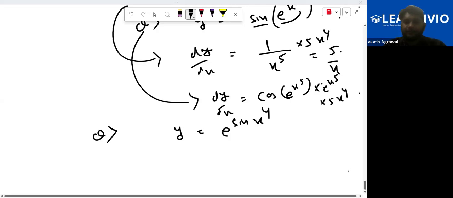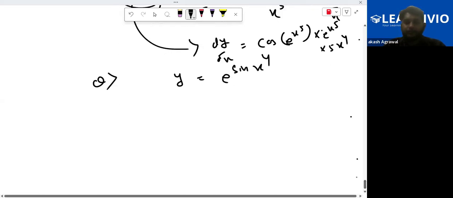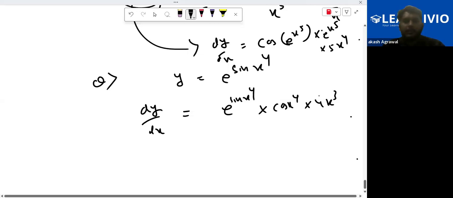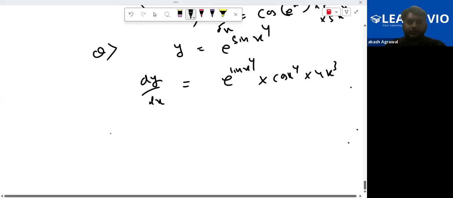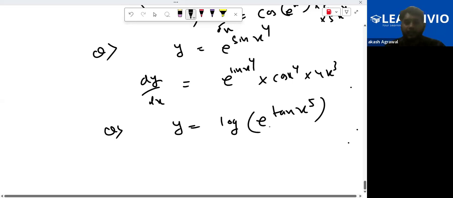Got the answer? Yes, sir. Okay, dy by dx will be e to the power sine x to the power 4 times cos x to the power 4 times 4x cube. Anyone has any doubts? Okay, I'll take that as no. y equals log e to the power 10 x to the power 5. Try to solve this one.